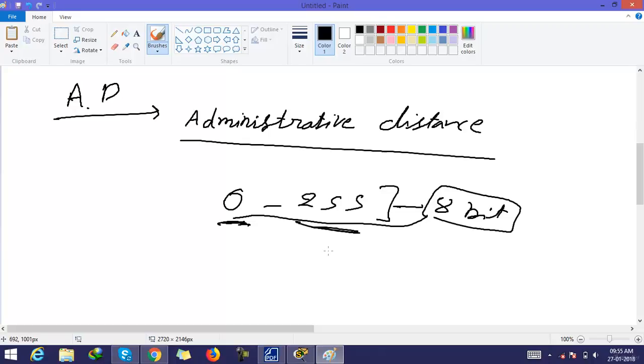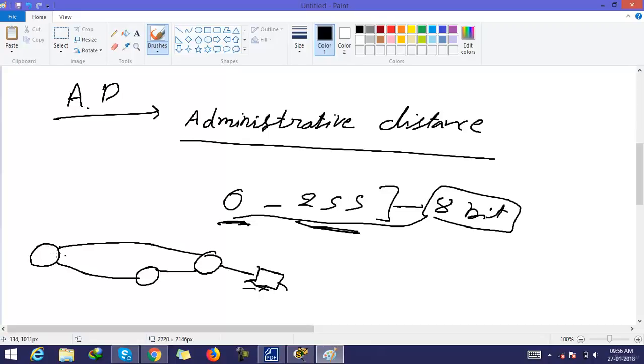If a router receives two updates listing the same remote network, the first thing the router checks is AD. For example, here is a network. This router R1 receives updates from two ends.